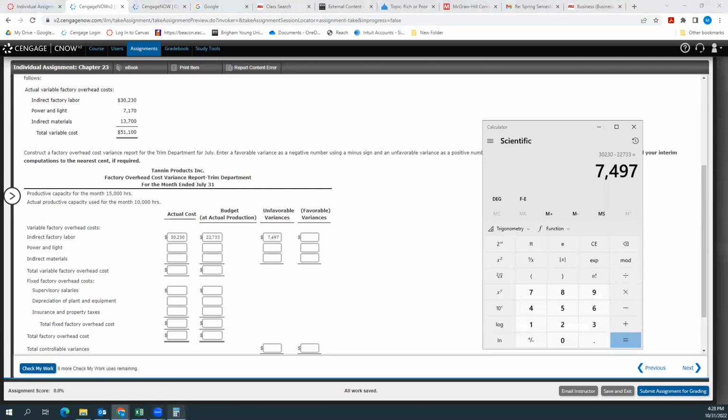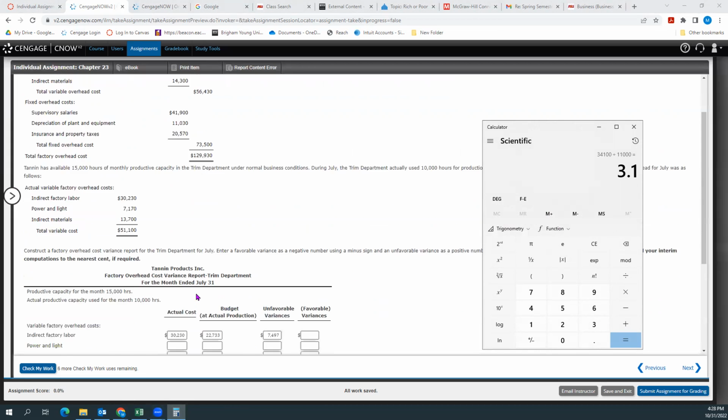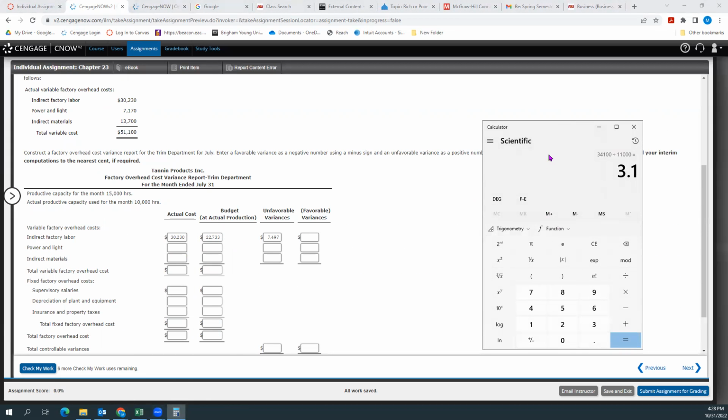Okay, so I'm going to come back here and say my budgeted cost was 34,100, and our expected or budgeted amount was 11,000 hours. So that means we budgeted $3.10 per hour of production. And then we're going to say, well, we actually did 10,000, so I'll multiply that by 10,000.